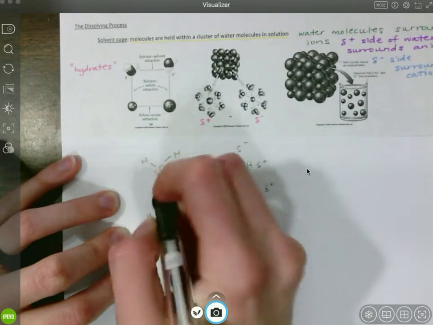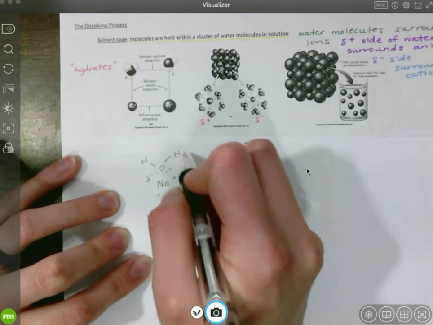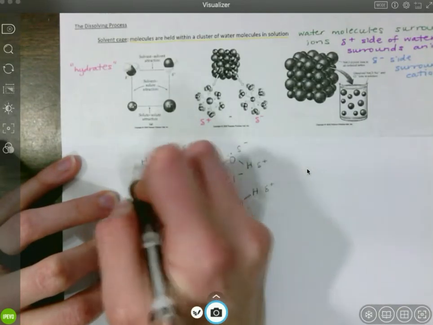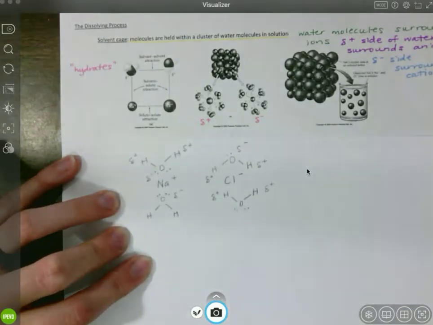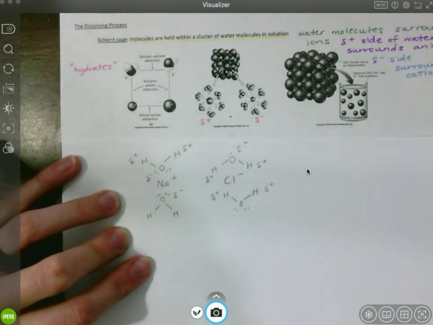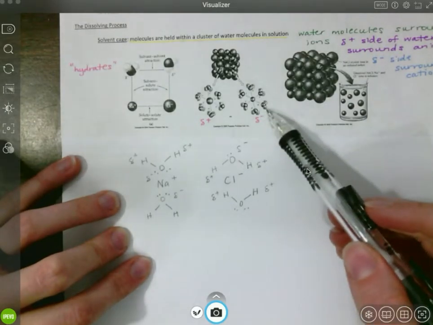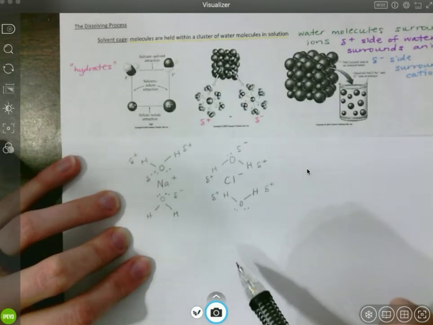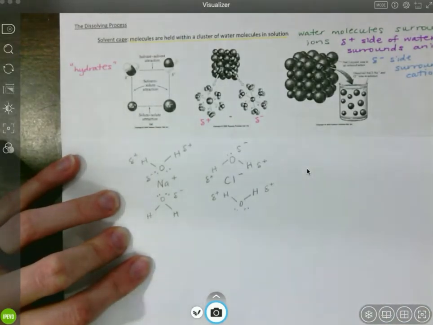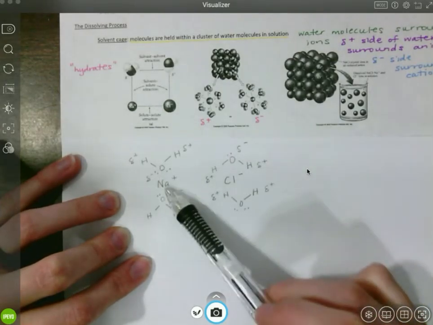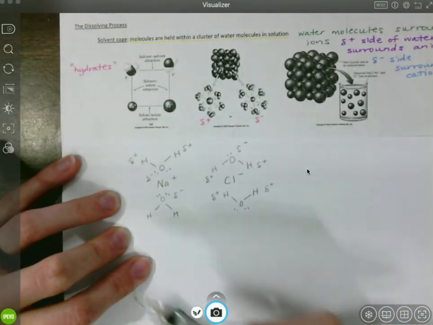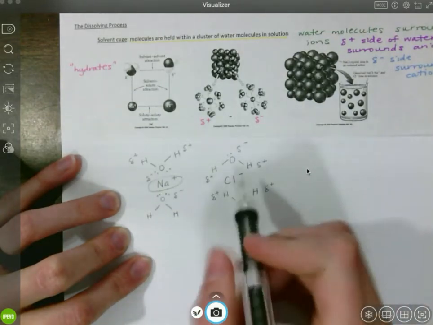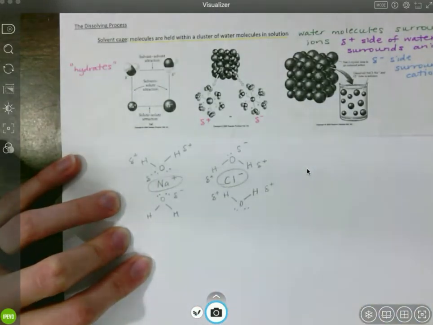I'm only drawing two water molecules surrounding each of these, but there's actually a lot more. For example, in these pictures, we got 6, but I don't want to draw 1,000,000 water molecules. So the partial negative charge is surrounding our cation, and the partial positive charge of water is going to surround our anion, the chlorine.